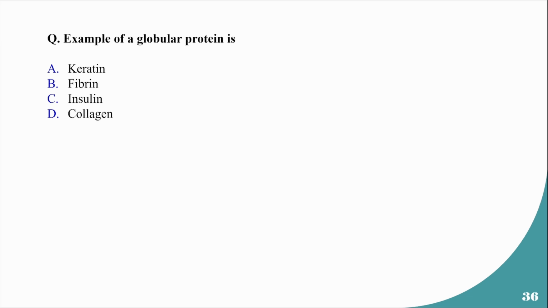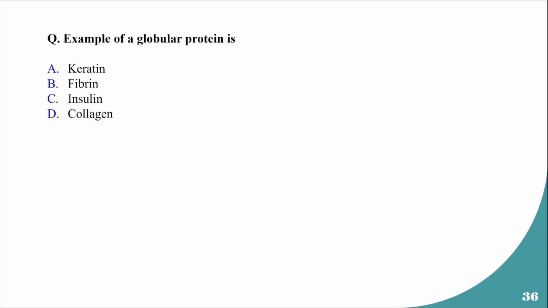Okay. So another question that we have here is the example for a globular protein. That is leading to the structure and function of proteins, which Professor Krum has covered. If you remember, two types of proteins were discussed, fibrous proteins and globular proteins, right?